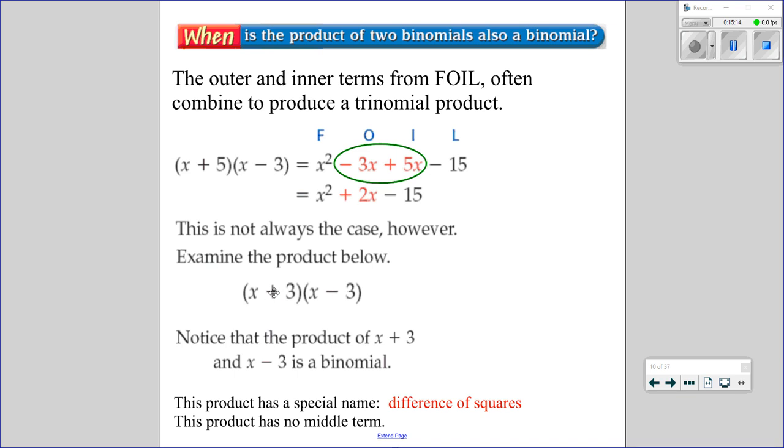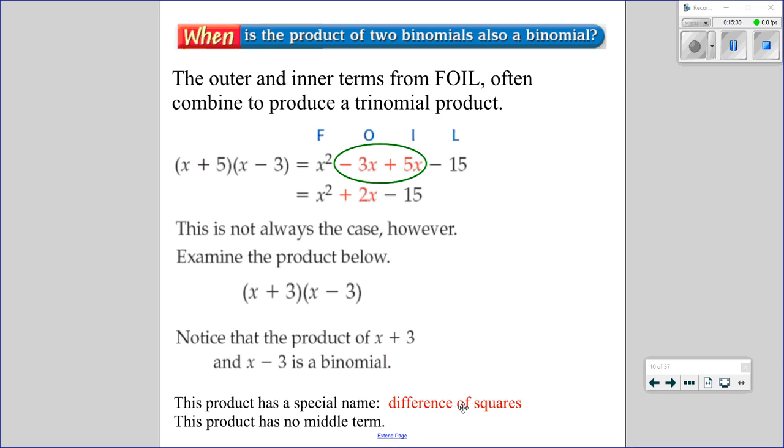It says x plus 3 times x minus 3. They say, notice that the product of x plus 3 and x minus 3 is a binomial. Yes, we know that they're binomials. So one of them is positive, the other one is negative. So when you see this type of situation, it's called a difference of squares.